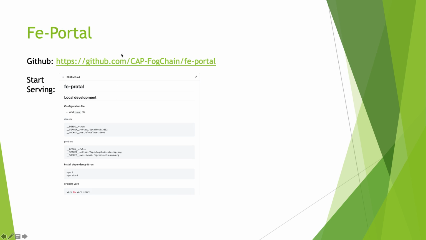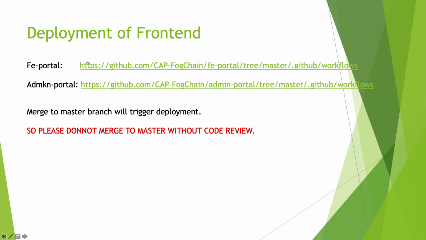Then there is the FE portal. It's pretty much the same as the admin portal, and you can also see the GitHub link here. When you want to start serving, you also need to specify a server address to serve in your local environment. For the deployment of the front end, we use GitHub workflow, which is pretty much a DevOps procedure.